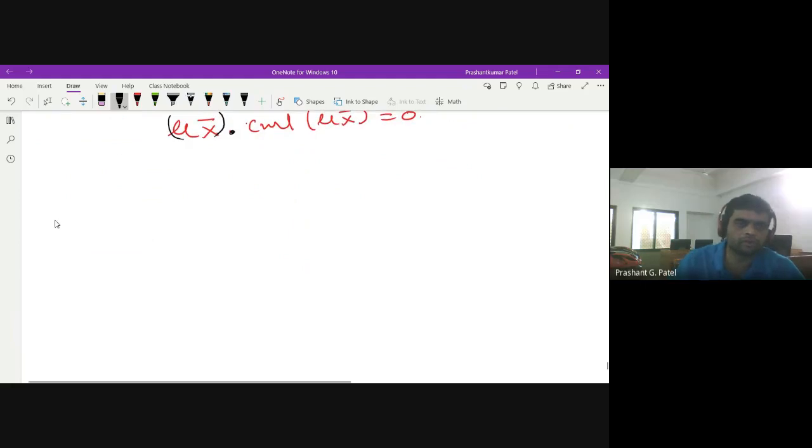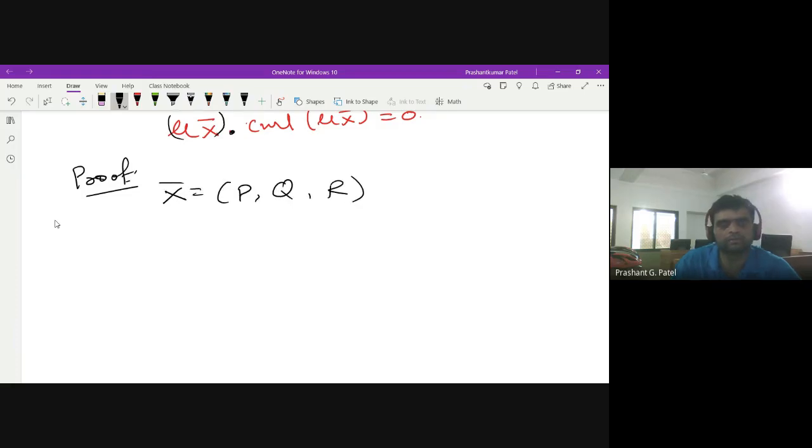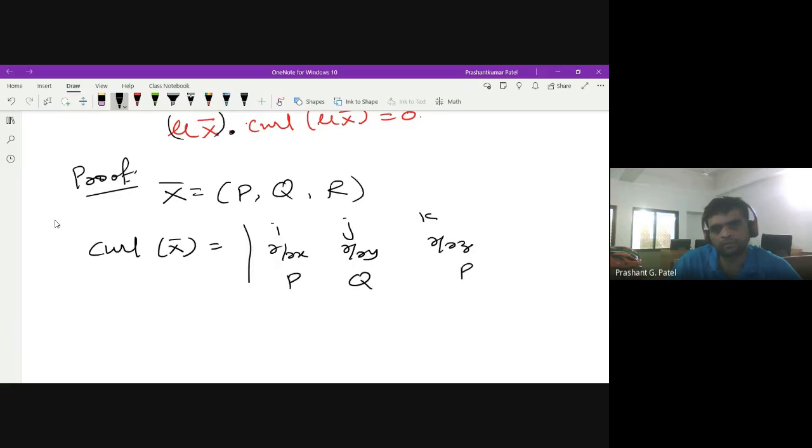First of all, for those who don't know the meaning of curl, here x bar is PQR. Curl of x bar will be the determinant with rows i, j, k; del by del x, del by del y, del by del z; P, Q, R. This is my curl of x bar.